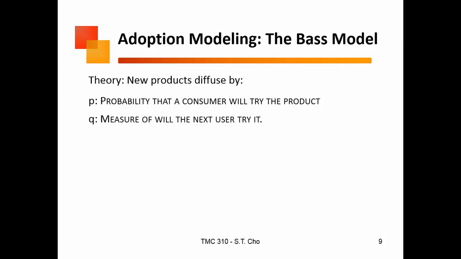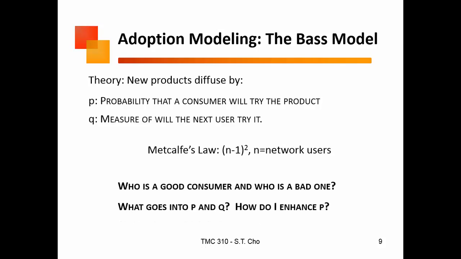And this is what's referred to as the BAS model. And Metcalfe's law for networks states that the power of a network scales about n(n-1), roughly n squared. And the more users you have, the more powerful a network. Now, supposing I have only one cell phone user, the network power is 0 because I have nobody to call.